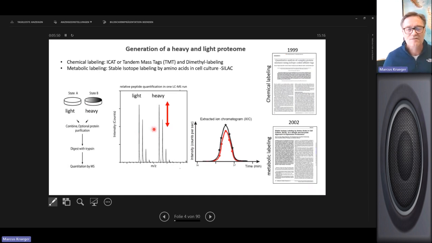So this allows us the relative peptide quantification. In other words, we don't have to compare different runs to each other. We have two samples, we merge them, and then compare them directly. That was really a major step forward in terms of accuracy and reliability when SILAC was invented.